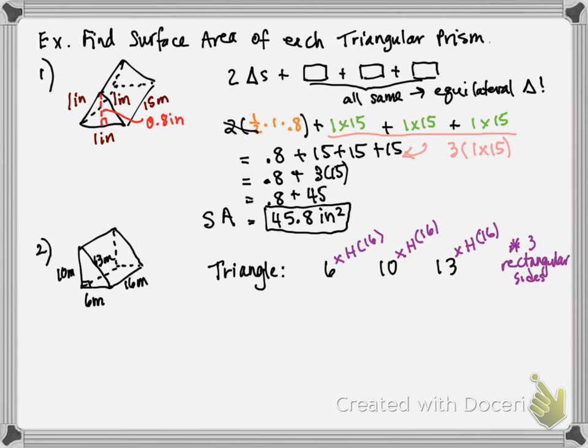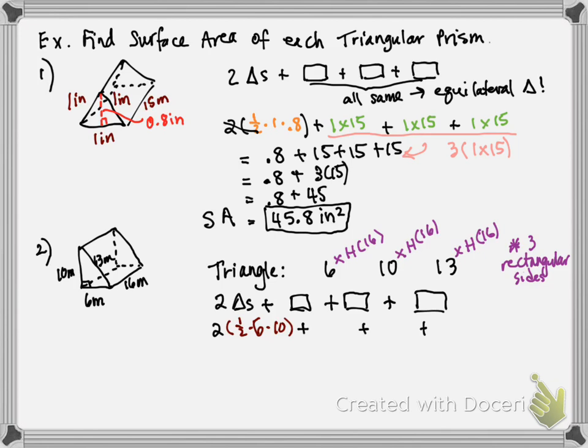All right, so we start off again with our basics. We're going to get 2 triangles plus a rectangle plus a rectangle plus a rectangle. So we're going to get 2, and we're going to get 1/2 the base of the triangle, which was 6, times the height of the triangle, which is 10, and then we're going to have 3 rectangles.